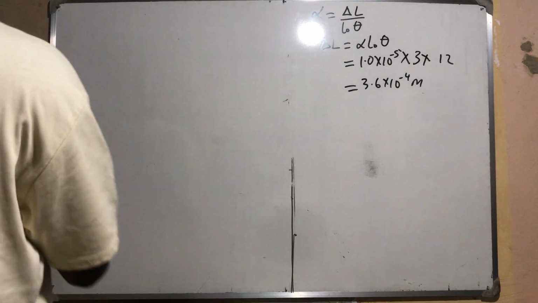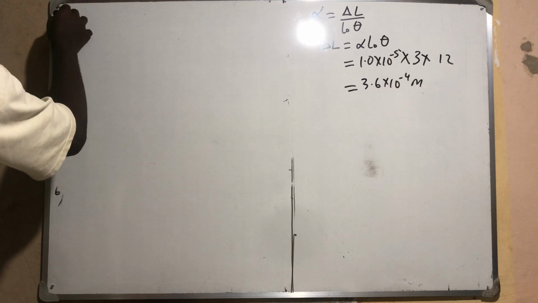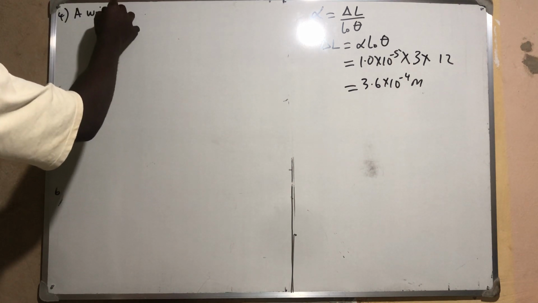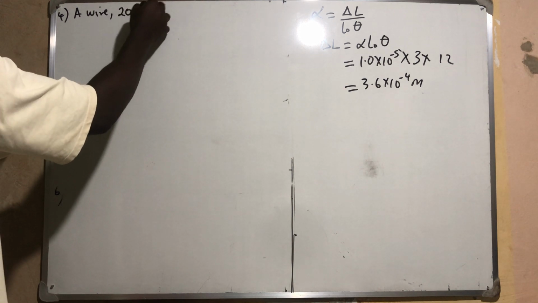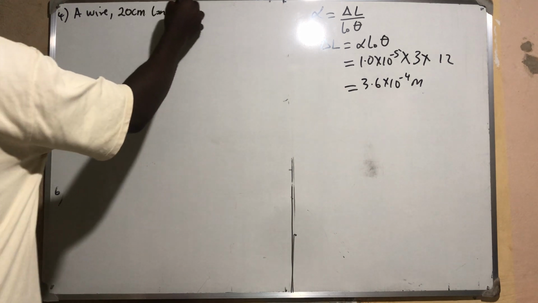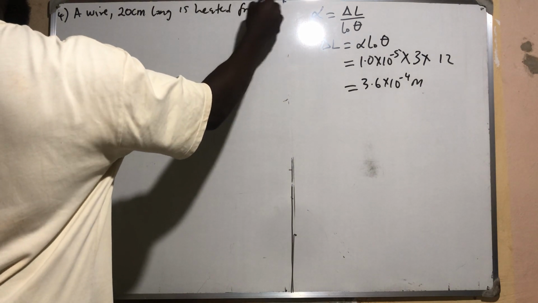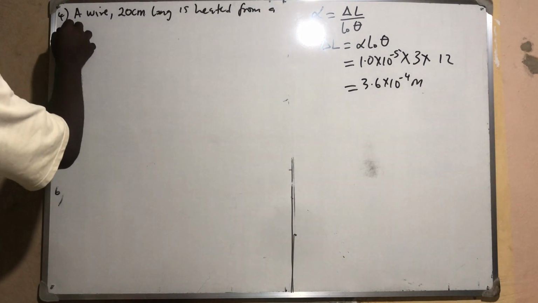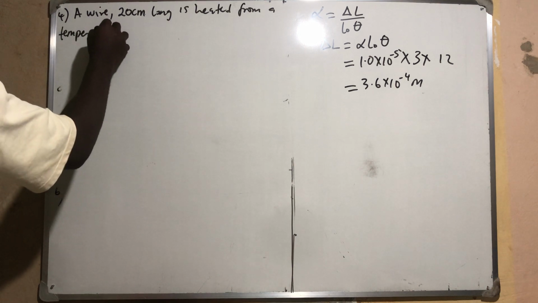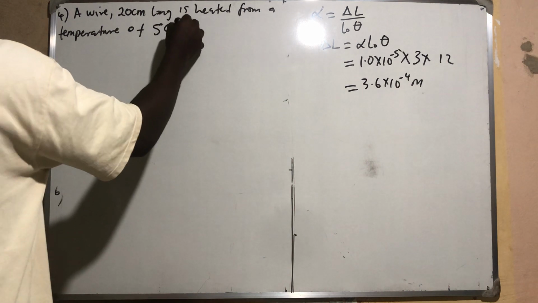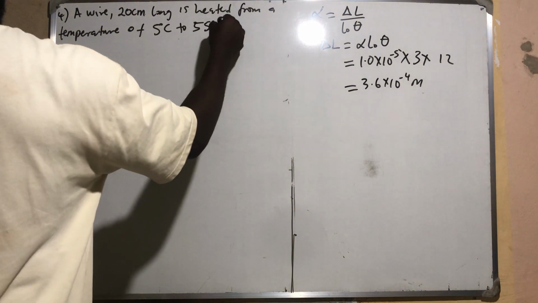Okay, so question number 4 said: a wire 20 cm long is heated from a temperature of 5 degrees Celsius to 55 degrees Celsius.